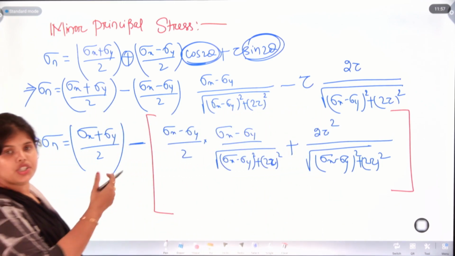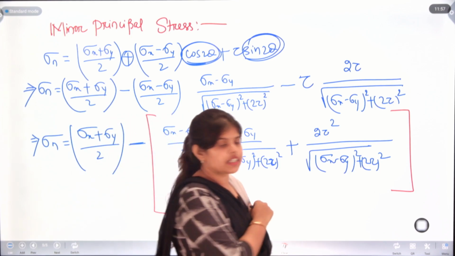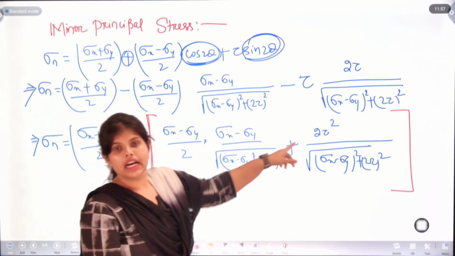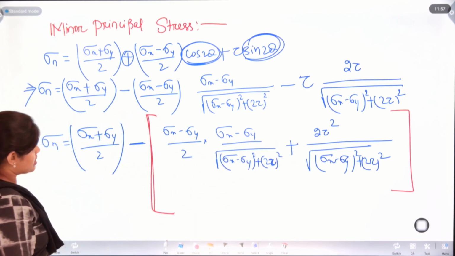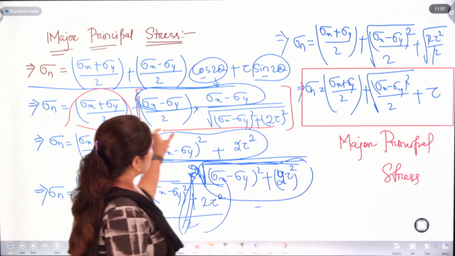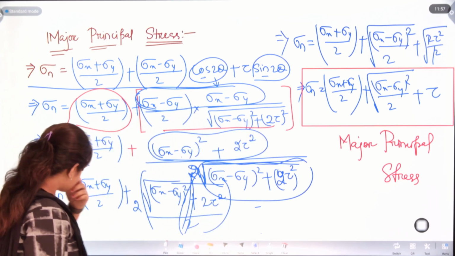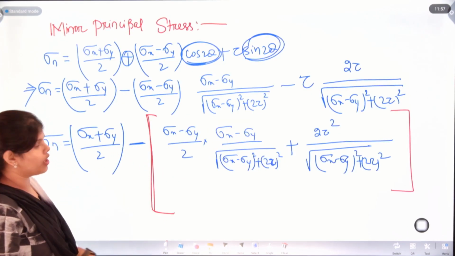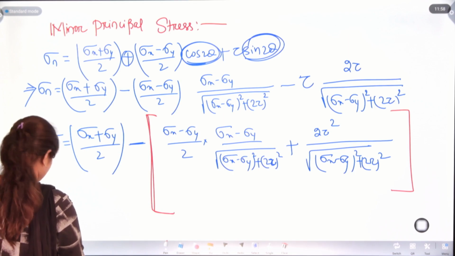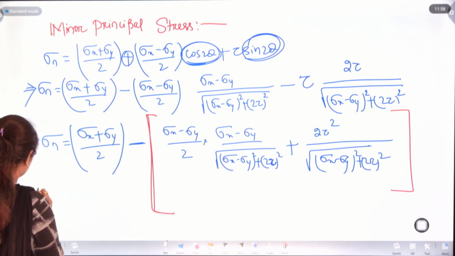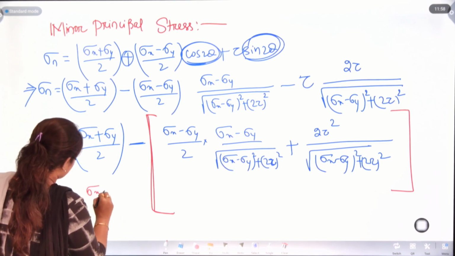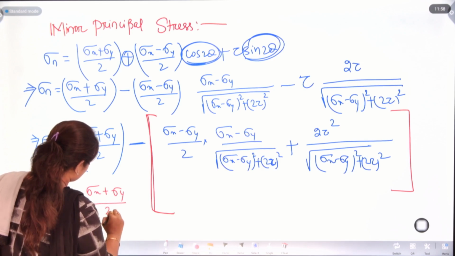Now, in our previous equation, while we were solving major principal stress, we already have this term. As you can see here, we already have the whole term. So, by not doing all the process again and again, I will just write the whole thing. Sigma n will be sigma x plus sigma y by 2.